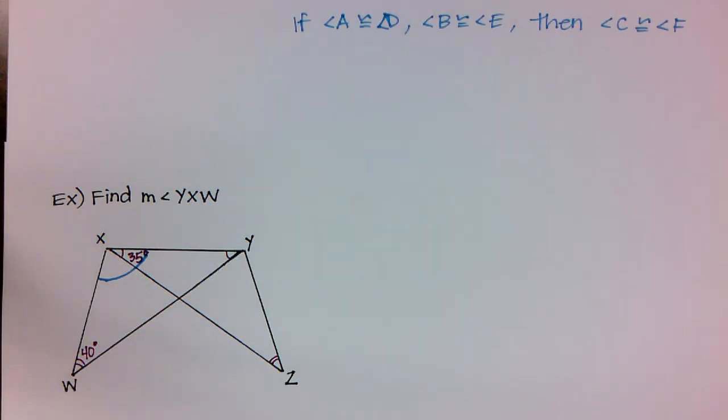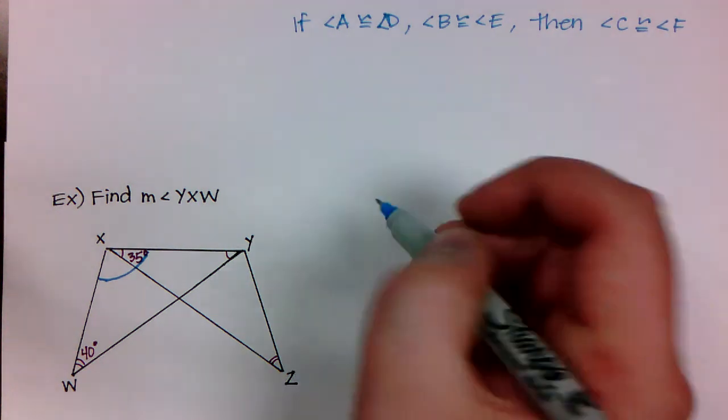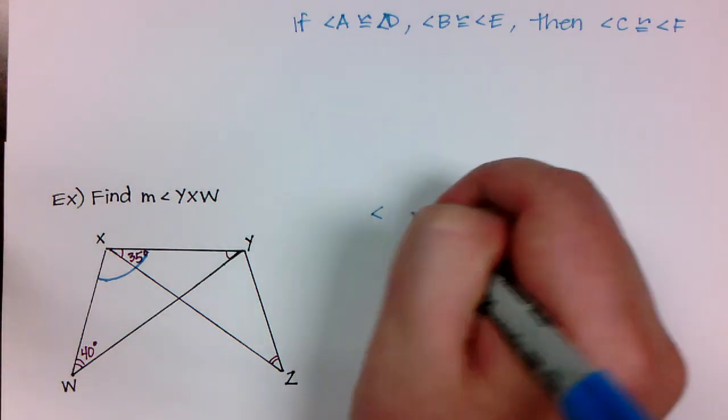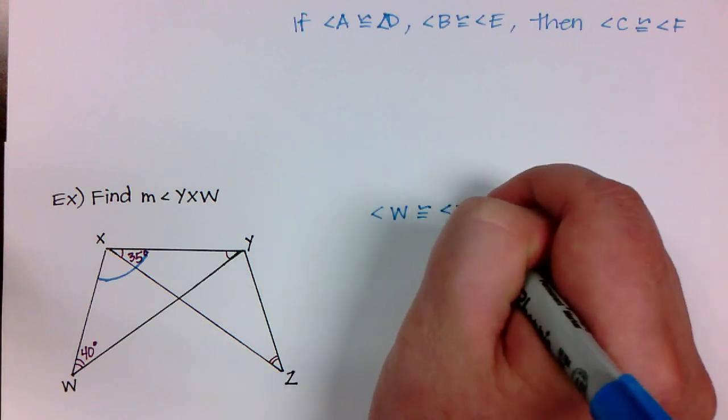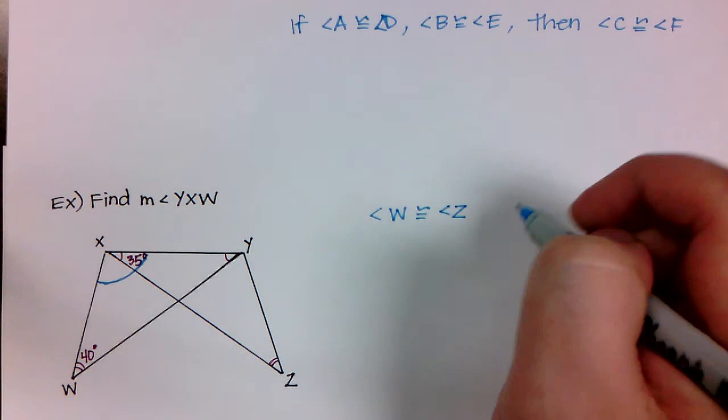So in this case, I already can see that angle W and angle Z are corresponding angles and they're congruent to one another. So I can see that angle W is congruent to angle Z. That's something that I'm given.